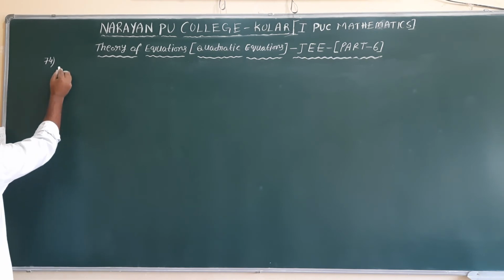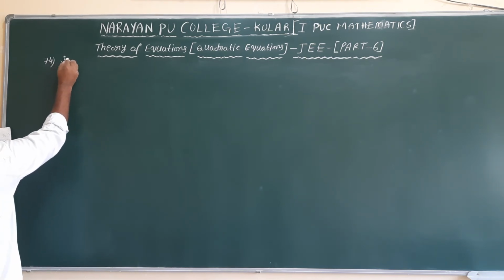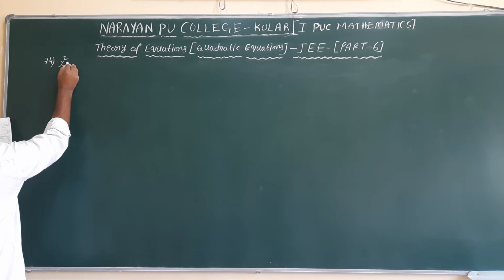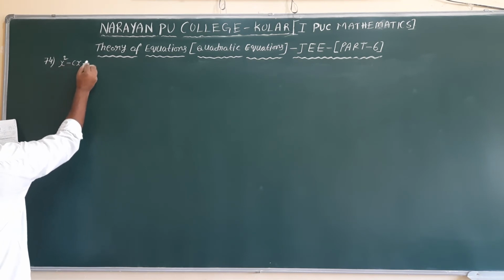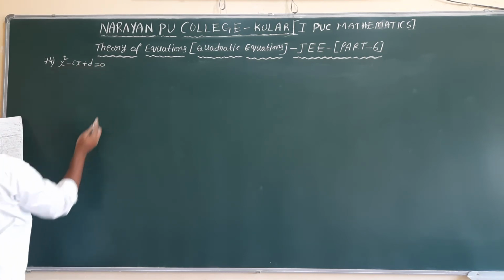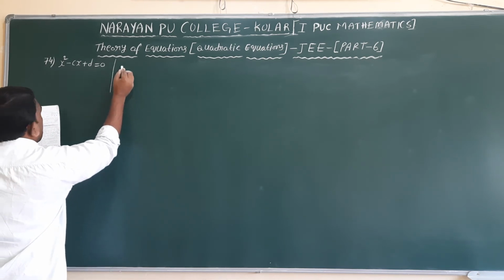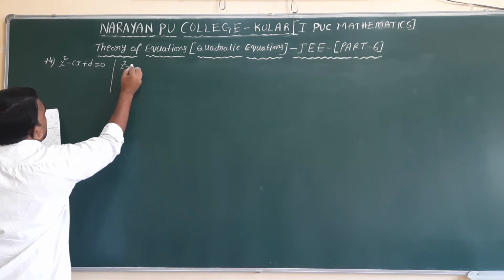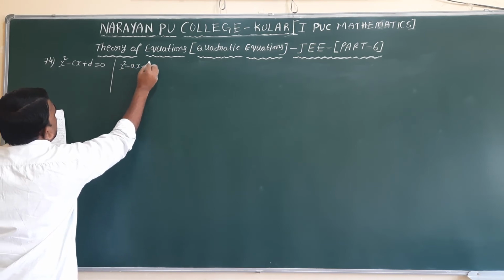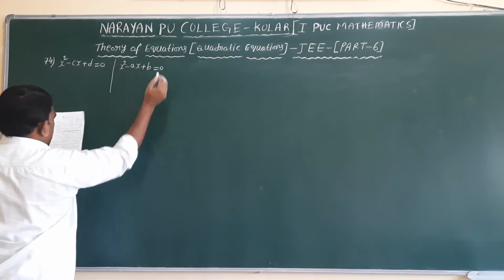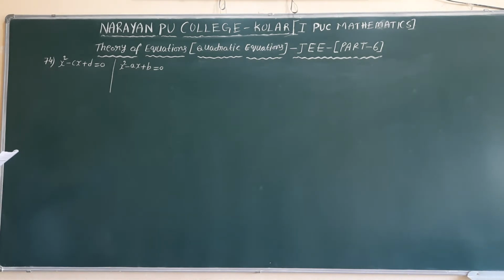If the two equations x square minus cx plus d equal to 0 and the other equation x square minus ax plus b equal to 0 have one common root and the second has equal roots, then 2 of b plus d equal to how much?